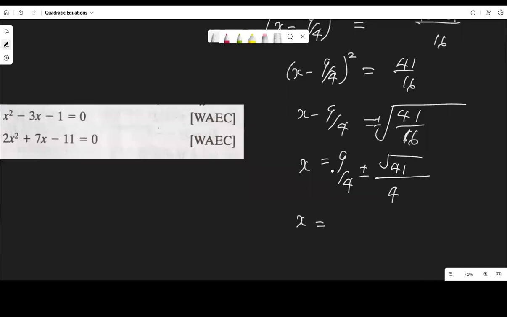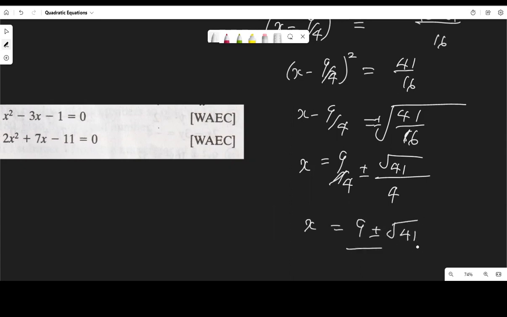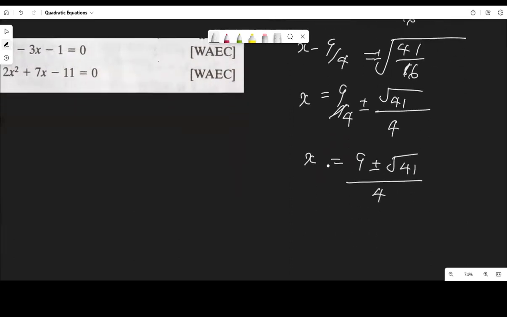So s is equal to 9 over 4 plus or minus, okay, the denominators are the same, so we can add the numerators. So s is equal to 9 plus or minus root 41 over 4. So I'll take the square root of 41.